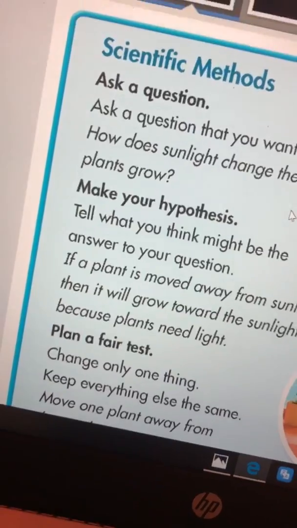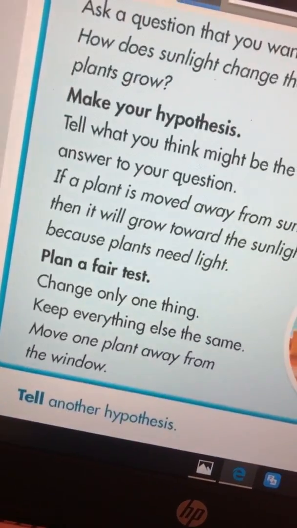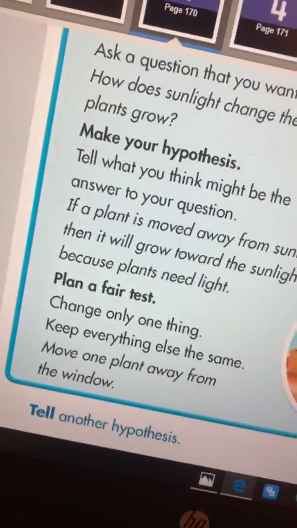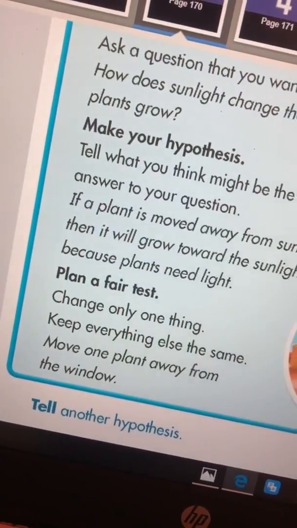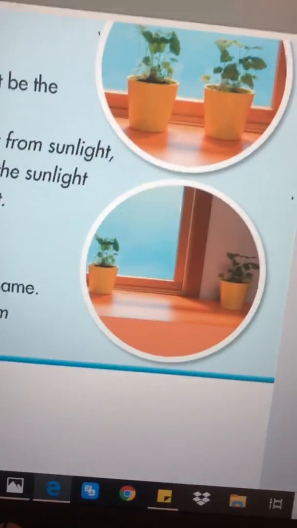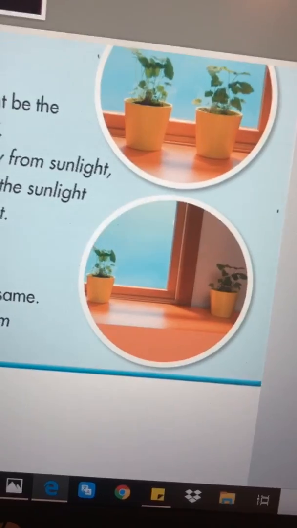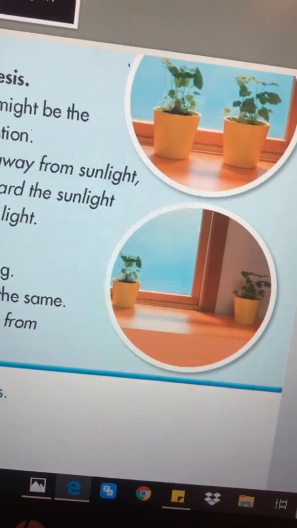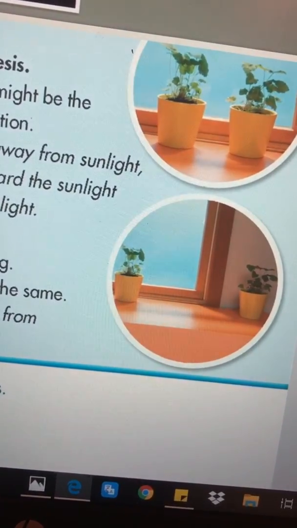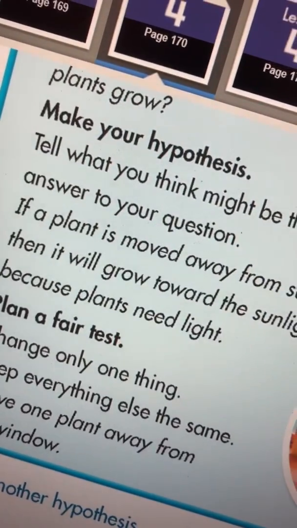Then you will plan for a test. Third step is plan a fair test. Change only one thing. So you will move one plant away from the sunlight to see if your answer is correct or not.